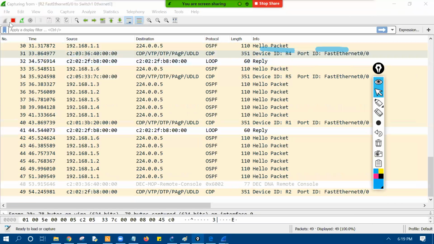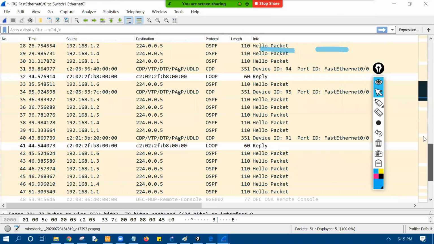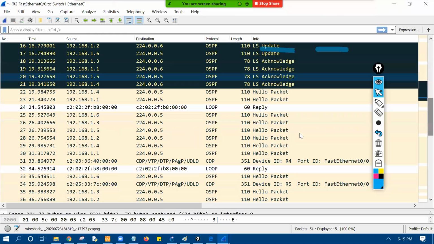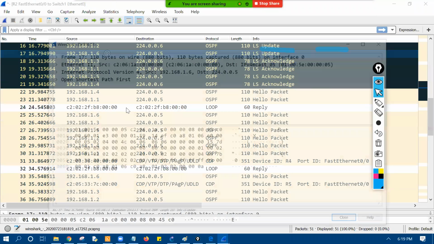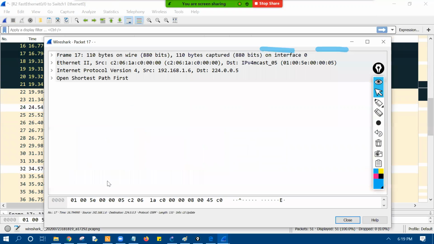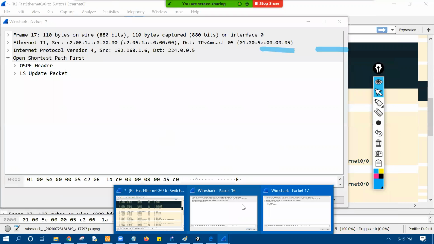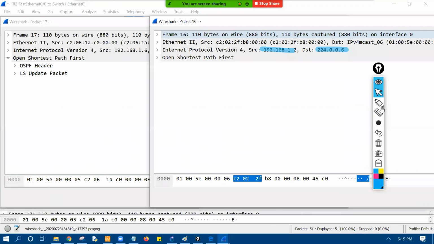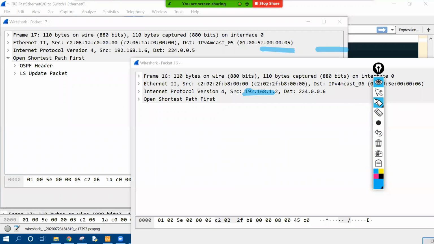One minute, let me pause this. Who is the DR? R6 is the DR. See the same information there. So R2 is sending this information because R2 was DROTHER, right? And DROTHER will send this information to whom? The DR address. And what will the DR do?